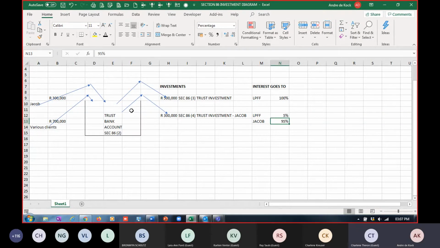Okay, but the reason why I'm asking is because let us assume Jacob gives you the 300,000 and gives you authority to invest it, but it doesn't say which bank. So you invest it with one of the banks that is party to the arrangement, but let's say that bank goes belly up. Then Jacob is going to come to you and say, listen, you put it in a bank that went insolvent, now I'm claiming from you.